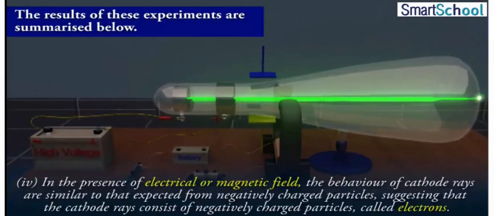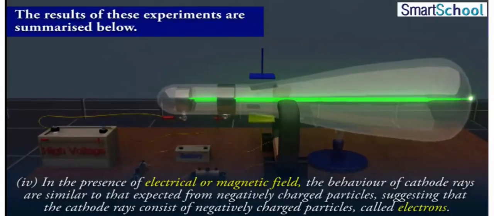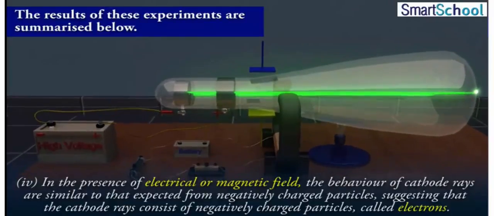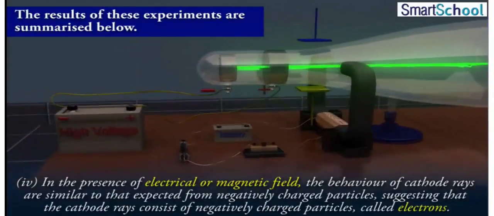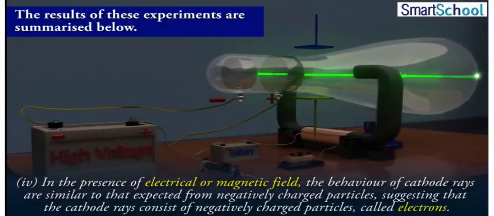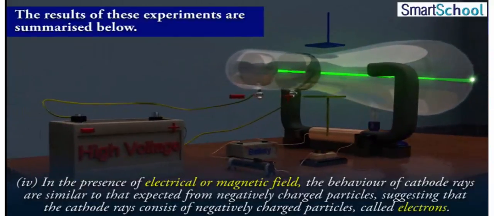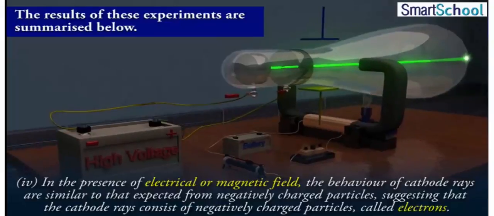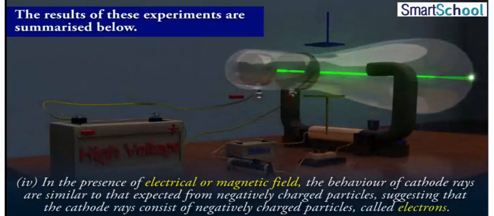Four, in the presence of electrical or magnetic field, the behavior of cathode rays is similar to that expected from negatively charged particles, suggesting that the cathode rays consist of negatively charged particles called electrons.